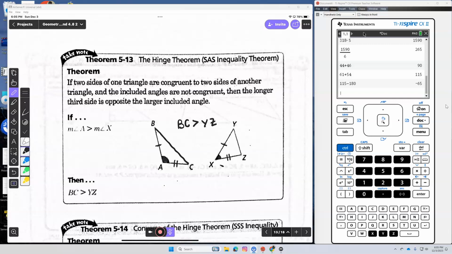The more they're apart, the longer this side will be than this side, working like a hinge. And then the converse would be if this side is longer than this side, then this angle is larger than this angle. So it's the converse. In other words, if the side is longer, then it's opposite the largest angle of the two.